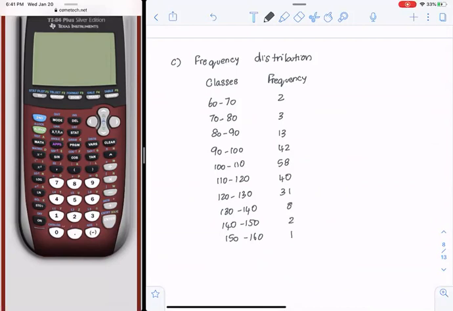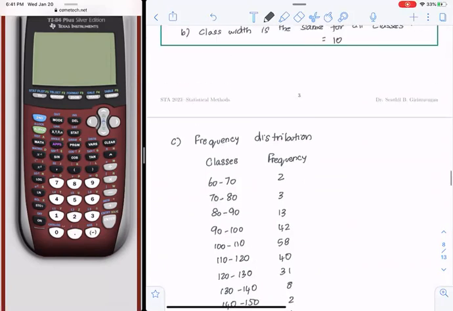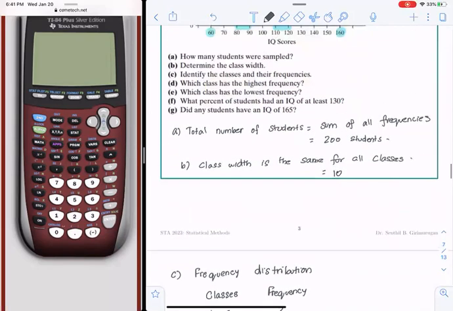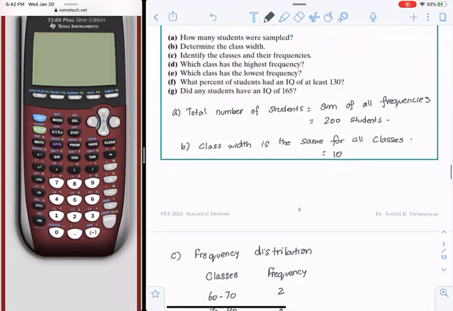And we already know from one of the previous parts, the sum of all these frequencies is 200. So all they're wanting in part C is the frequency distribution. Part D would like to know the class that has the highest frequency.